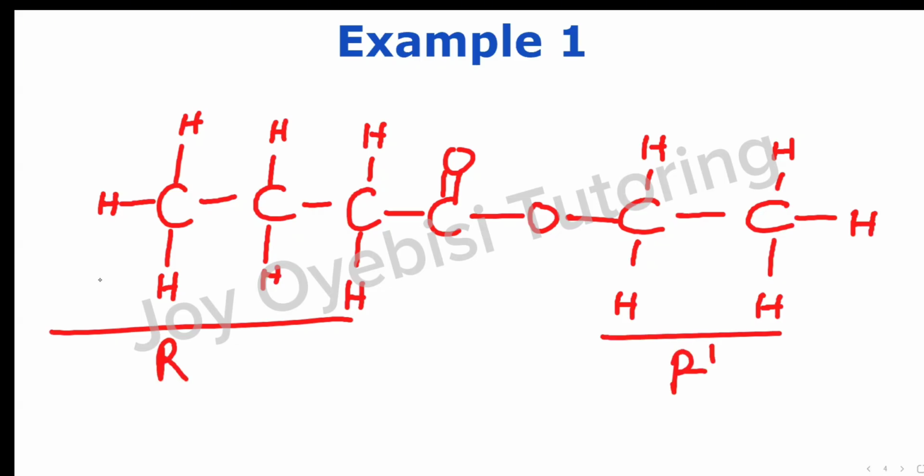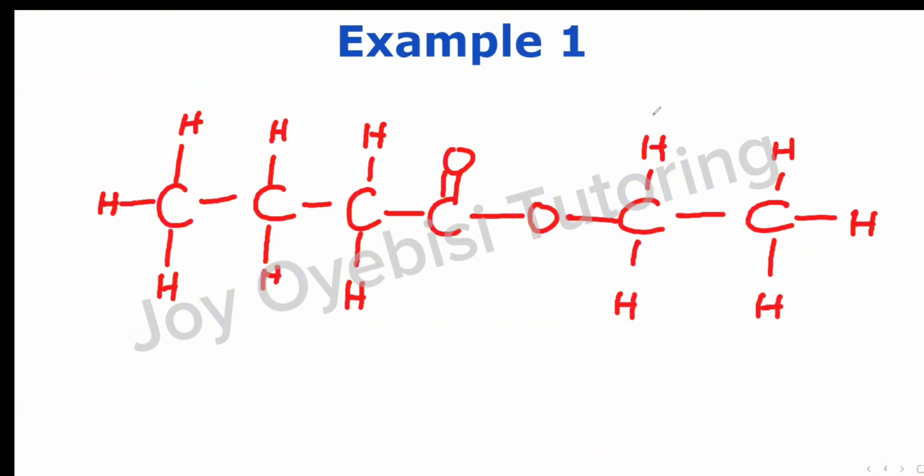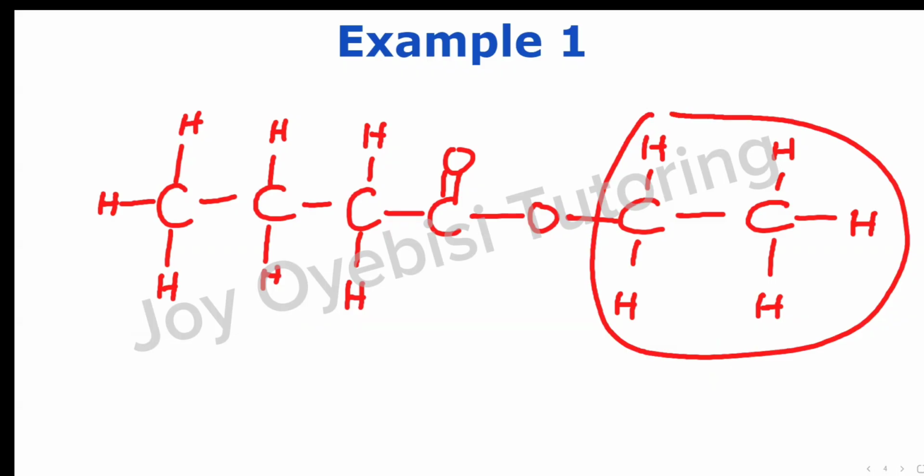So once you have identified that this is an ester, first, you count the number of carbons you have on this side. You're going to name this first. So we have 1, 2. A 2-carbon alkyl group is known as ethyl. Now, eth is the prefix for 2 carbons, and yl, alkyl group, that is the suffix. So that would be ethyl.